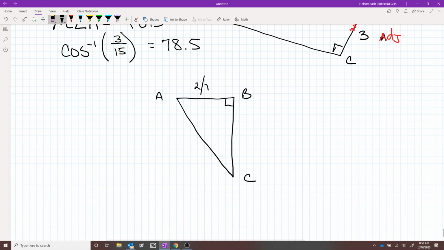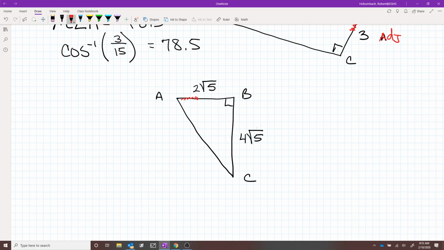We're going to make side AB 2 times the square root of 5. Let's say that this side is 2 times the square root of 5, and let's say that this side is 4 square root of 5. And we're trying to find angle A.